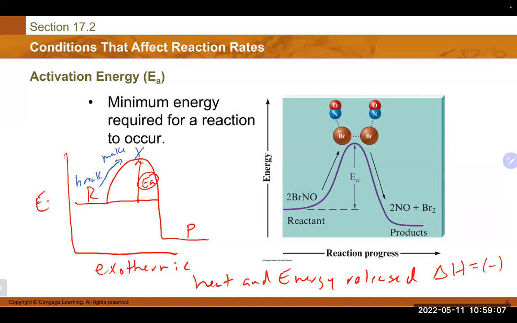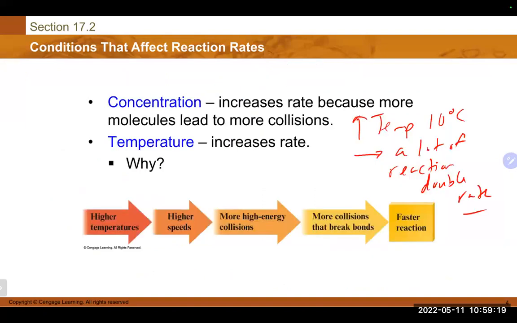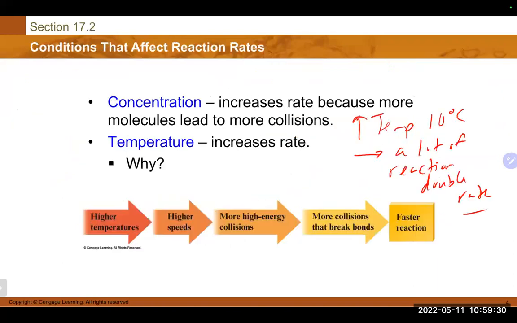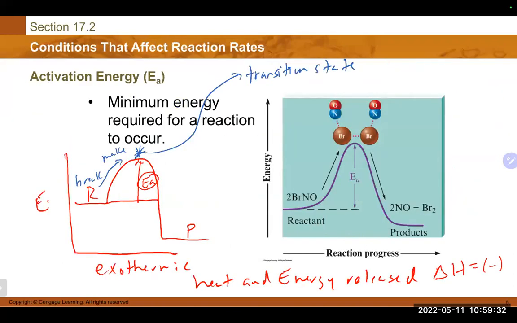When we get to the very top of the hill, that is where we have what is referred to as the transition state. That's where we have that complex that we saw on the previous picture, with partially made bonds and partially broken bonds, really that transition species that's going to occur.